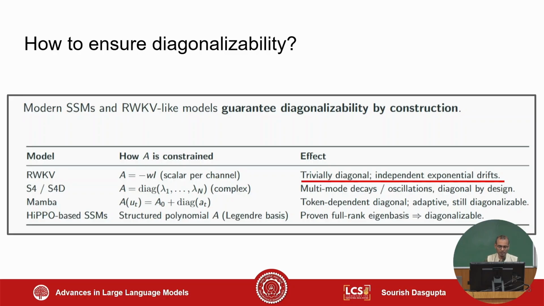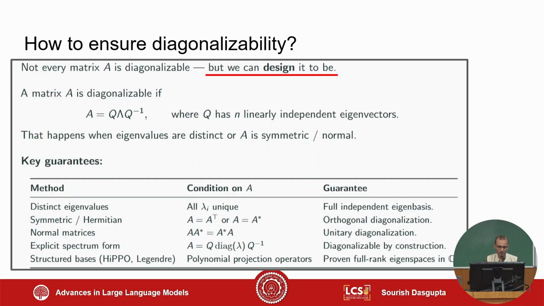Well, S4 doesn't do that, Mamba doesn't do it, but you can do this also. Look at the fourth row of the table, the explicit spectral form, like the eigenvalue decomposition that we just did. You can just do that and keep A, compute it backwards like that.